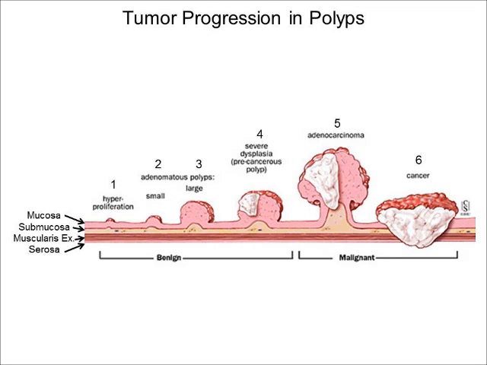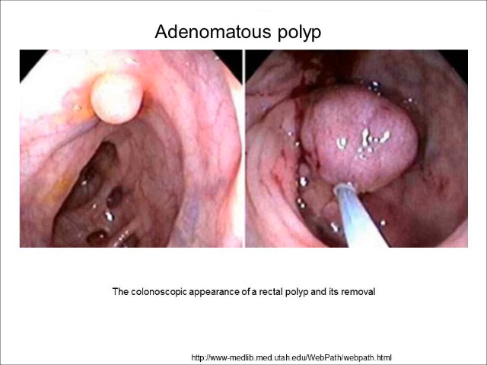Now, one important consideration in this progression is that if this condition can be caught early on, then it can be corrected. Suppose that the adenocarcinoma has not spread too far, such as in structures 1 through 5, then it can be removed by colonoscopy. The figure on the left shows what a polyp looks like as seen by colonoscopy.